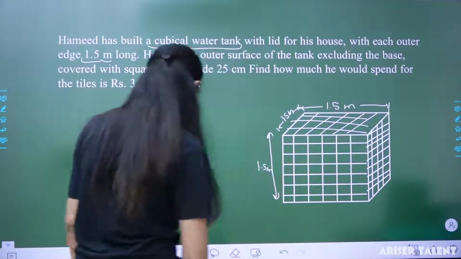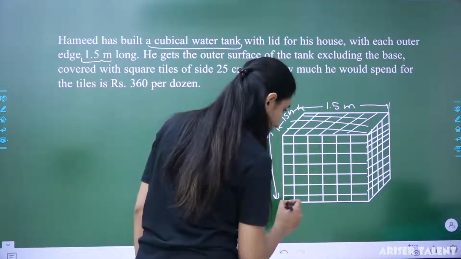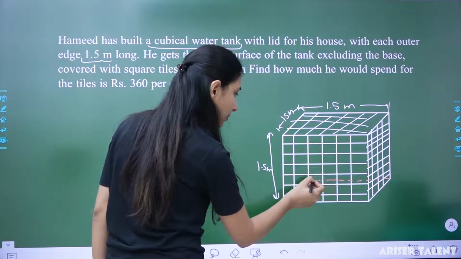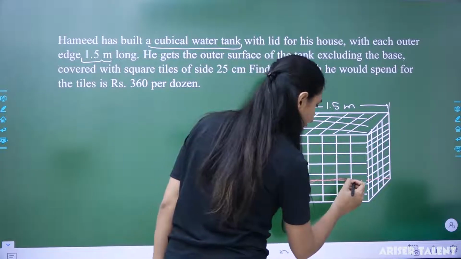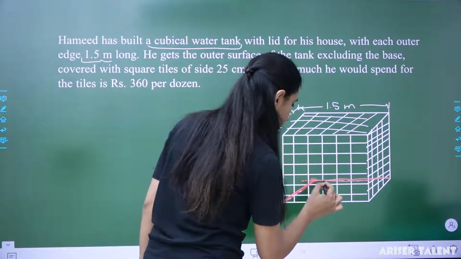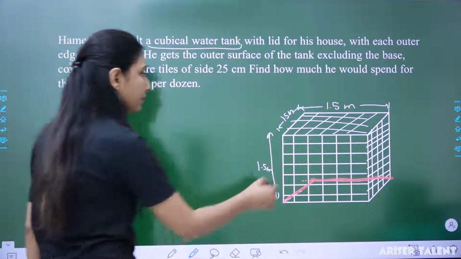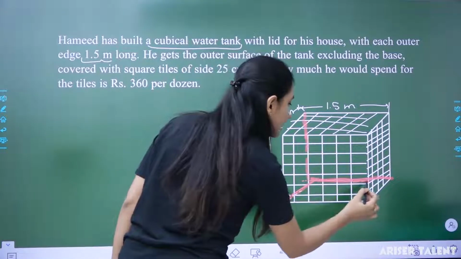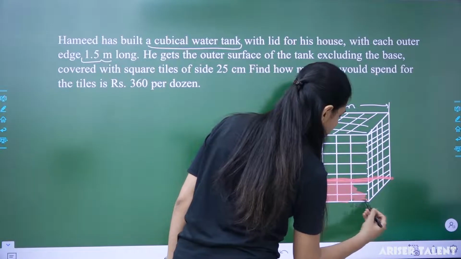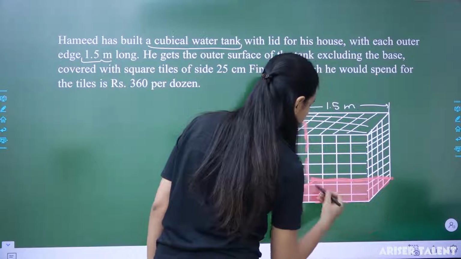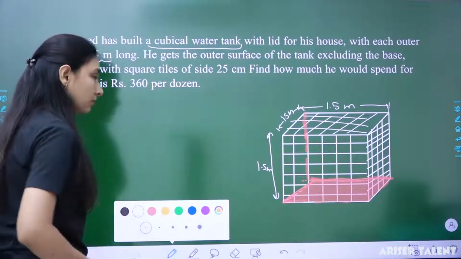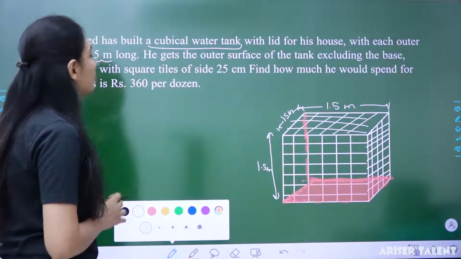Now he gets the outer surface of the tank excluding the base covered with square tiles.